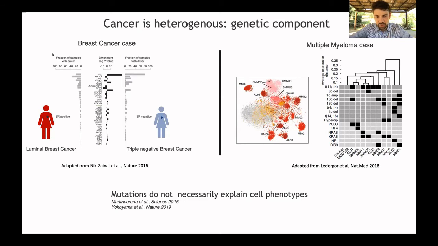Cancer heterogeneity is caused by a genetic component, but mutations do not necessarily explain cell phenotypes. As we can see here in the left figure, in the breast cancer case, we have two different diseases, luminal breast cancer and triple-negative breast cancer, but the mutations at driver genes are pretty much the same.